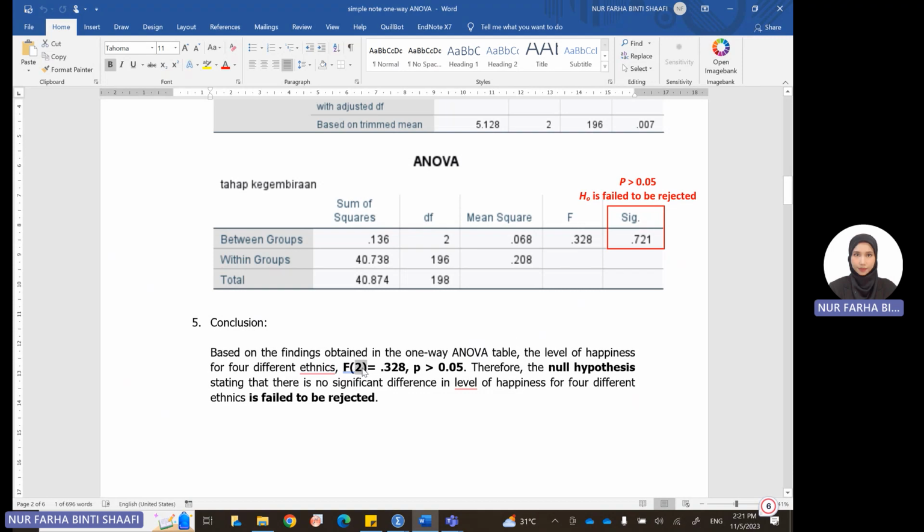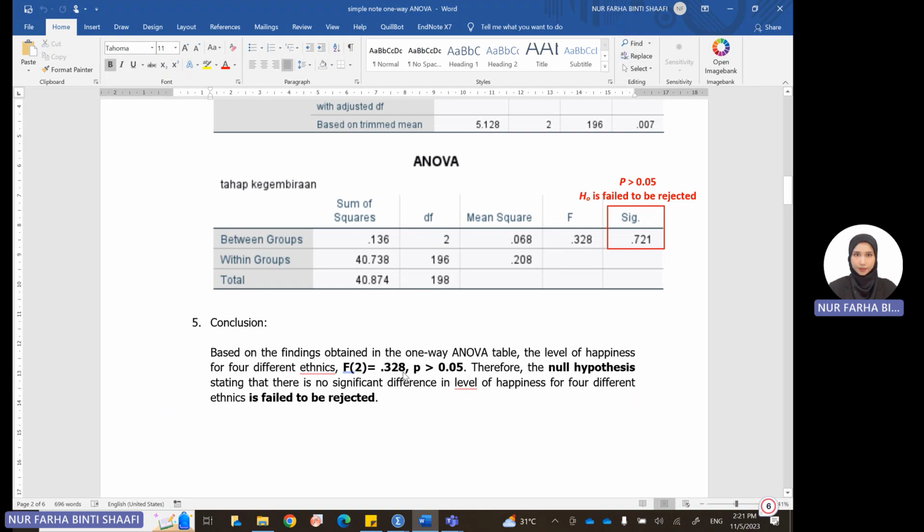Where do you get the 2 here? From df. This is how you write it: F(2) equals 0.328. Where did you get 0.328? It is from the F value. This is your value for the Anova.